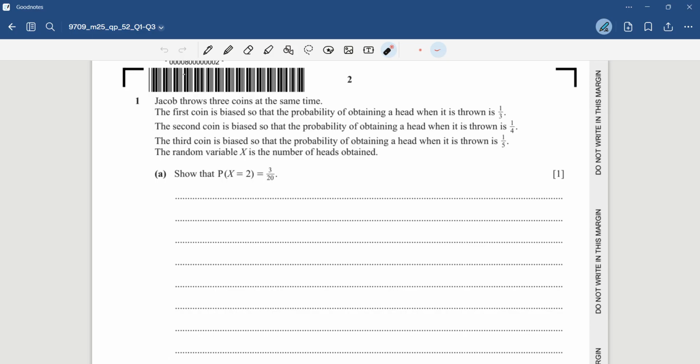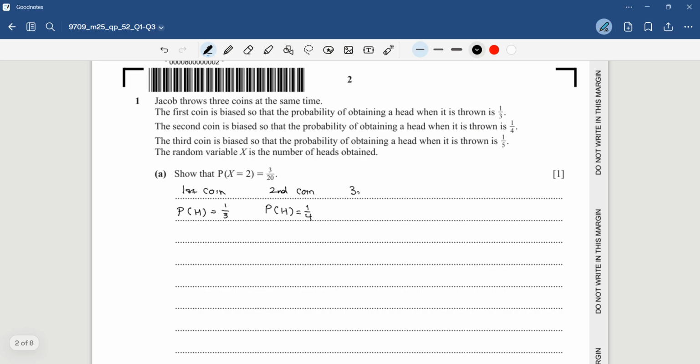Okay, so we just list down all the probabilities for our reference. So for the first coin, the probability of getting a head will be 1 over 3. Second coin, the probability of getting a head will be 1 over 4.